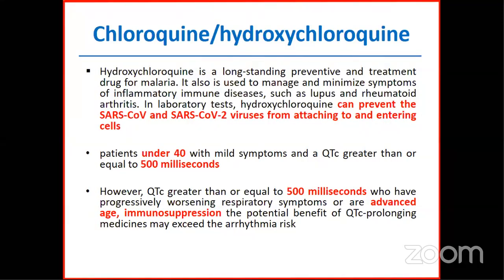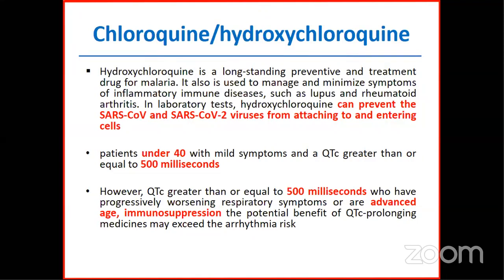In vitro, they found that hydroxychloroquine mainly and chloroquine to some level can prevent SARS-CoV-1 and 2 viruses from attaching and entering cells, which is a very good advantage. I think that's why we are using those agents only in the mild stage. In the mild stage, we still need to prevent the attachment and the entering of the cells. So hydroxychloroquine we are still using for this one.